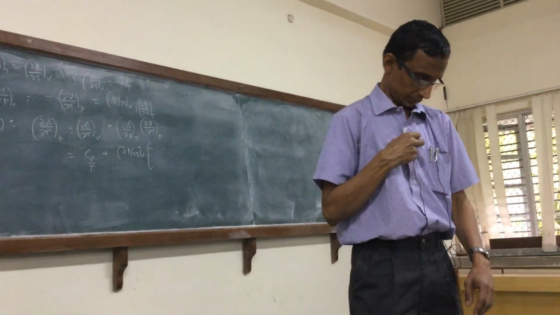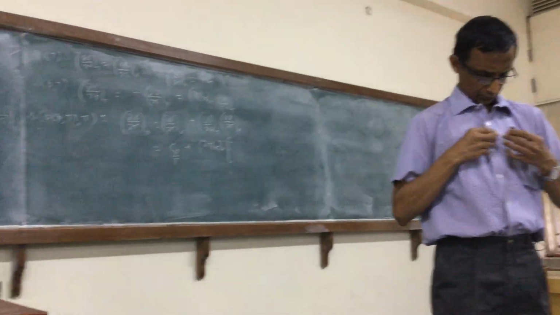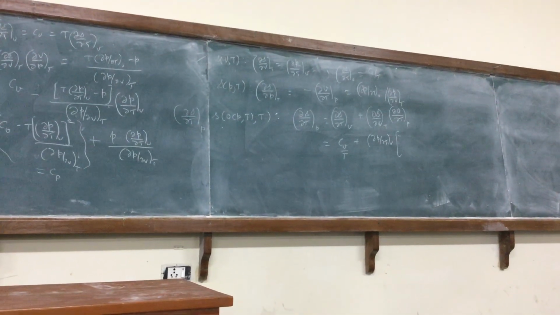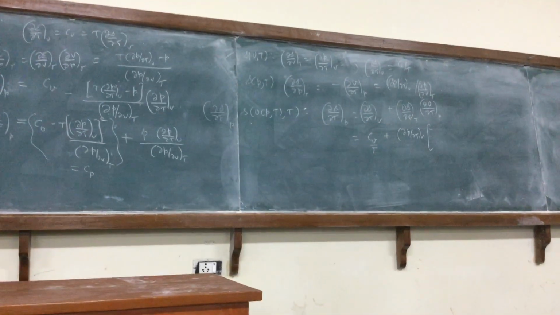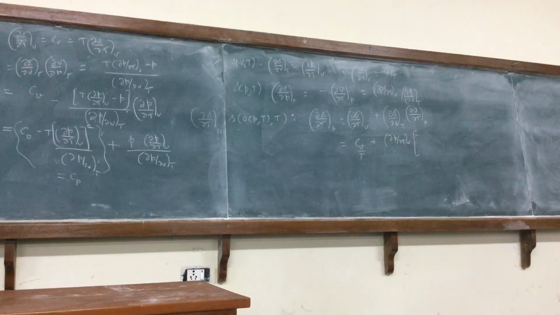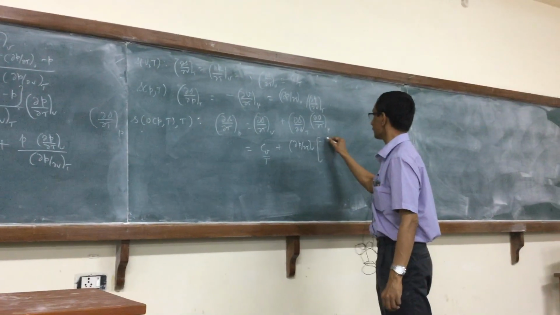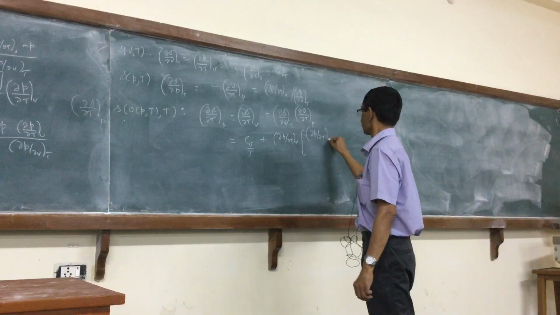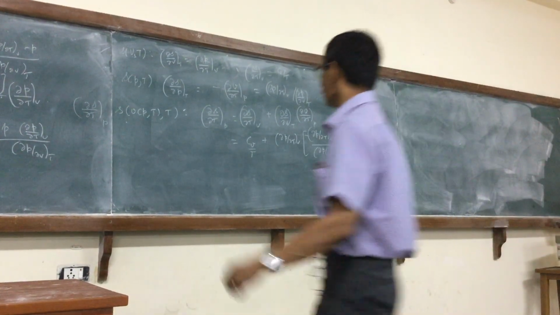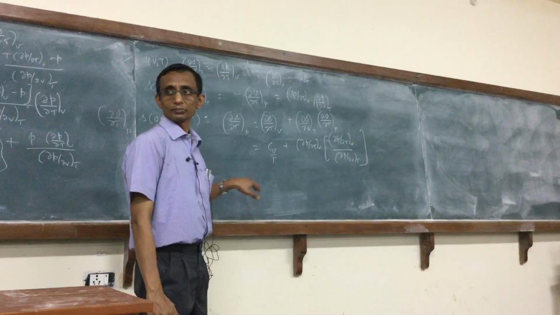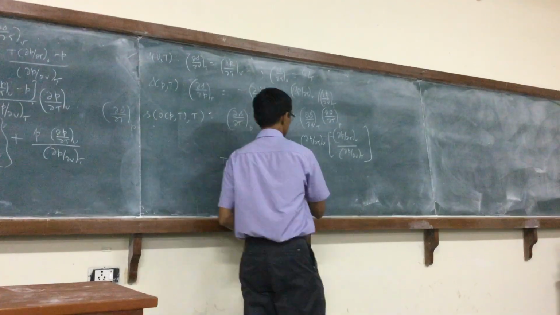And dS/dV at T is minus dP/dT. So now I can multiply through by the temperature, and what I get is T dS/dT at constant P is Cv minus.